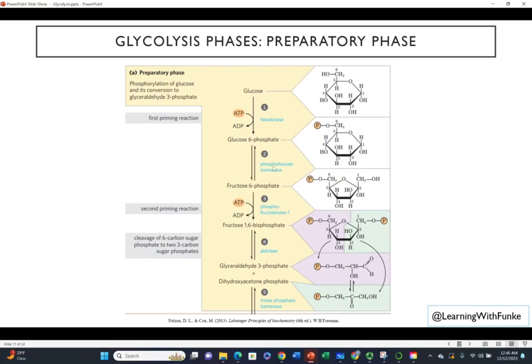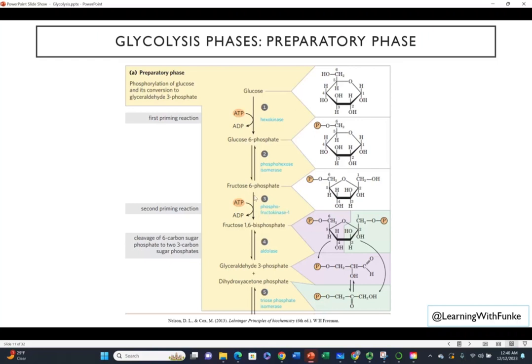And so the next step is catalyzed by phosphohexose isomerase, and this is just an isomerization step. So you can see here, all we have here is just an isomerization reaction for G6P, starting from G6P and going to F6P. Next step, step 3, is catalyzed by PFK1, phosphofructokinase 1.